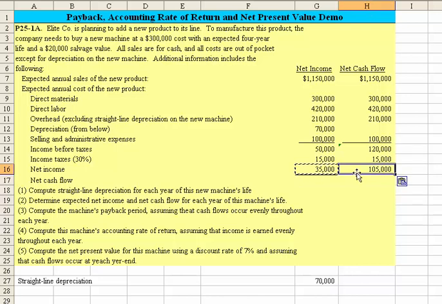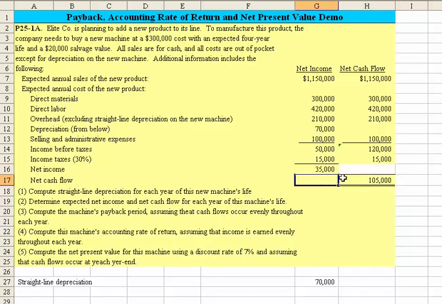And why don't I just slide that down so it lines up with the title of net cash flow. Alternatively, we could also calculate it by saying grab the net income and then add back the depreciation. And so you see that that number gets you the same as that approach. Alright?